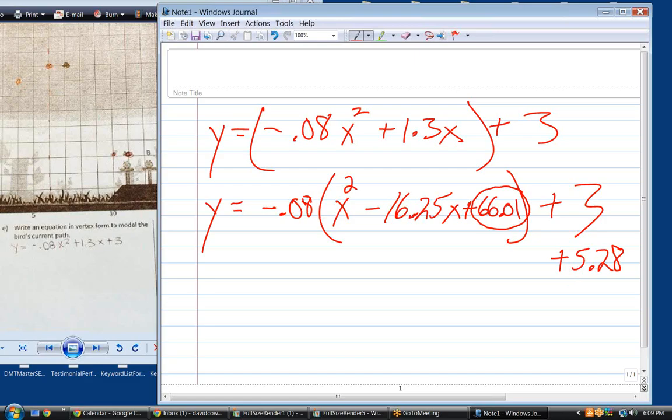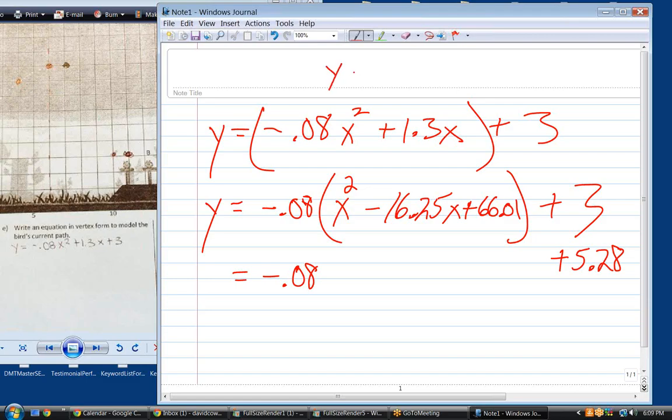And since I'm not allowed to change the value on the right side of the equation, I have to now add 5.28, bringing us to this. In other words, this is still the same as this. Only thing is, we're now in vertex format.